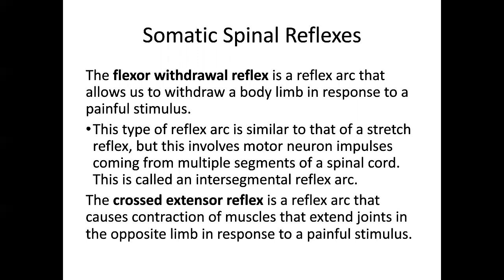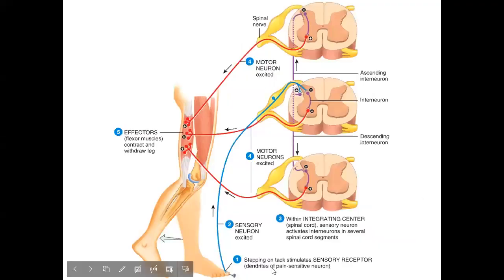We call this the flexor withdrawal reflex. It's a reflex that allows us to withdraw a body limb in response to something painful. Like in the illustration on the next page, stepping on a tack.